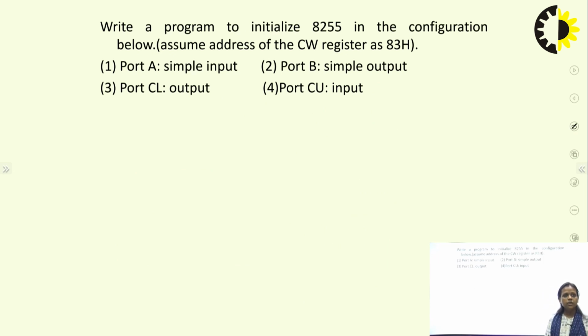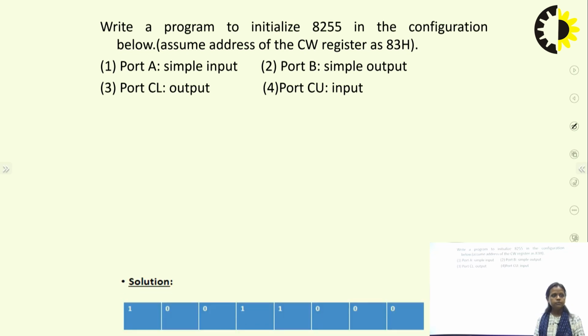So here I have taken one example. Write a program to initialize the 8255 in the following configuration, and here we are assuming that the address of the control word register is 83H. The configuration is: port A simple input, port B simple output, port CL output, and port C upper input.